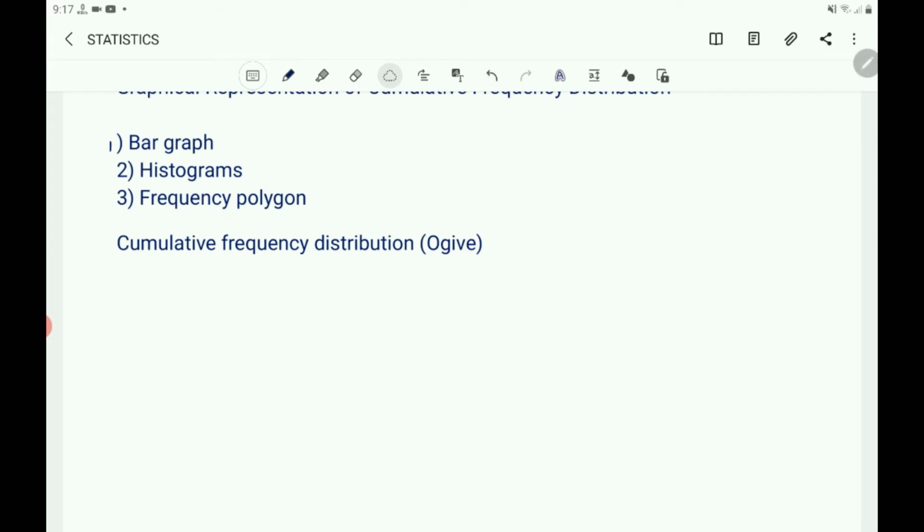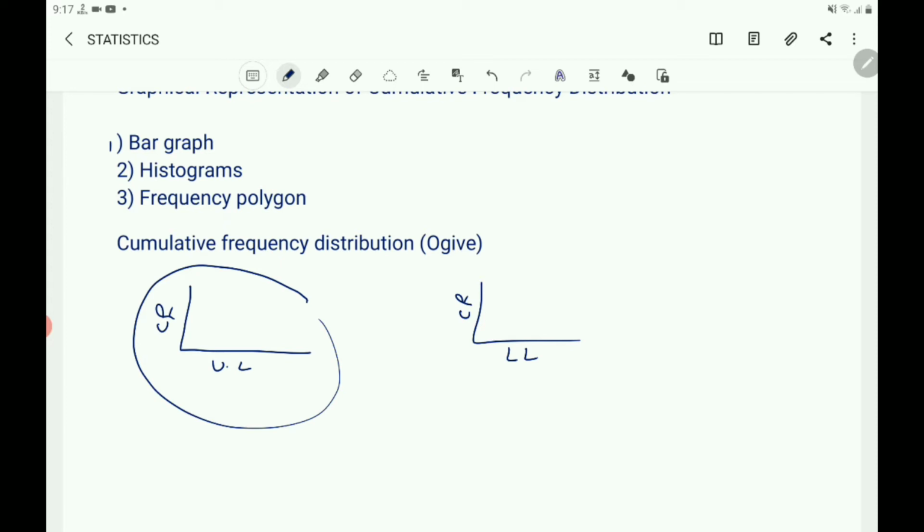Here, in one case we are taking the upper limit on the x-axis and cumulative frequencies on the y-axis, or otherwise we are taking the lower limit on the x-axis and the corresponding cumulative frequency on the y-axis.